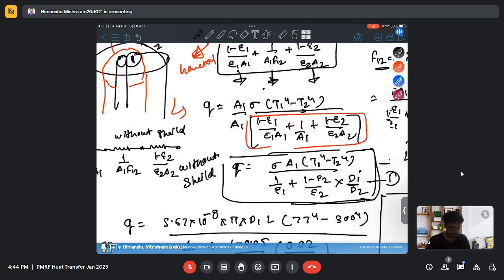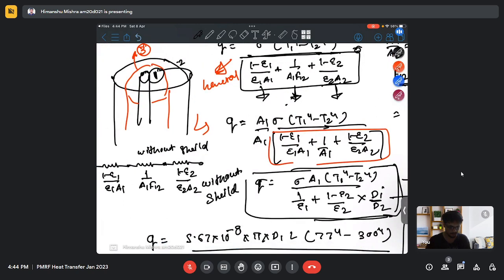That means we need to account for all the resistance between surface 1 and 2. Earlier the resistance was due to 1, the space resistance between 1 and 2, and 2. Now there will be a resistance due to the space between 1 and 3, then the space between 3 and 2, and so on.